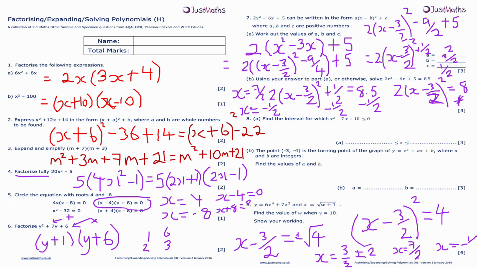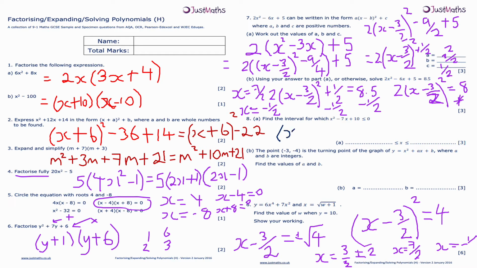This is question number 8, part A. Find the interval for which x squared minus 7x plus 10 is less than or equal to 0. So factorizing this, it's a quadratic inequality. I'm going to have x minus 2 and x minus 5 is less than or equal to 0.